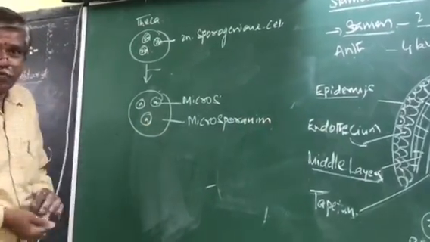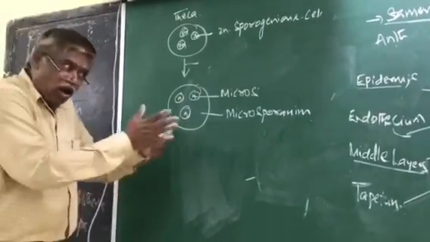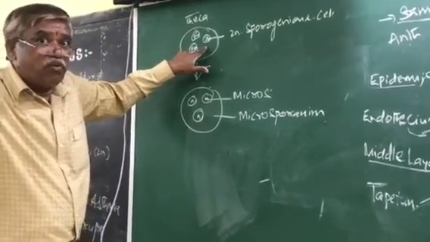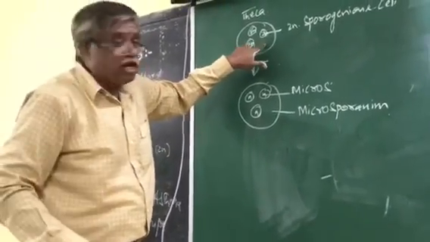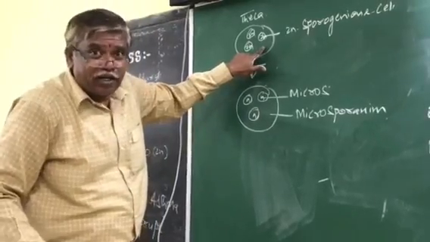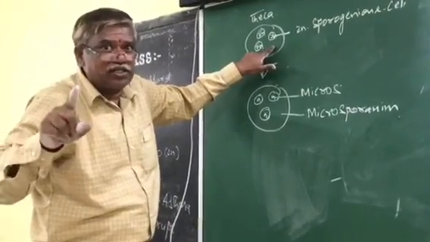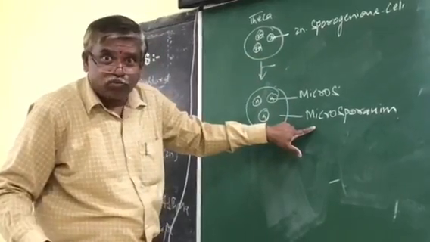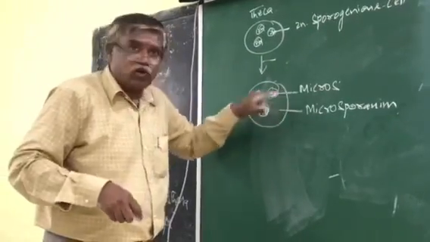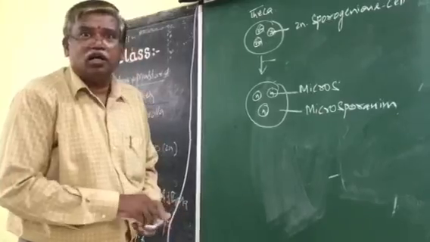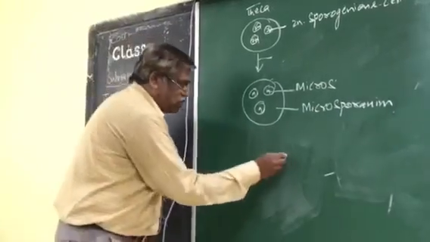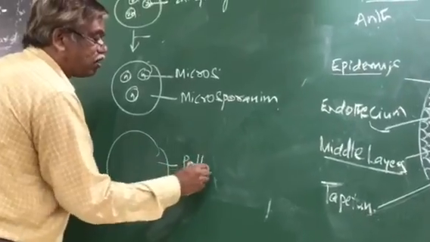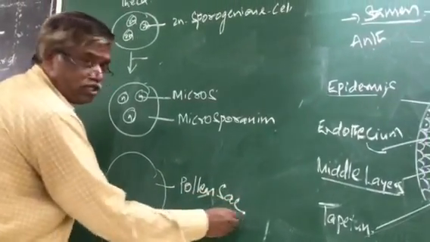Microspore. That means, according to time, this place is called by different names. Initially, it is called theca when containing diploid sporogenous cells. Later, this place is called microsporangium when it is containing microspores. Again, after 3-4 days, this place is called pollen sac.